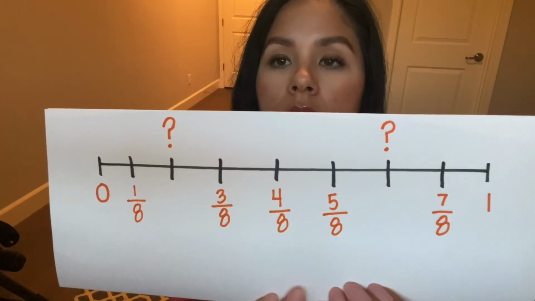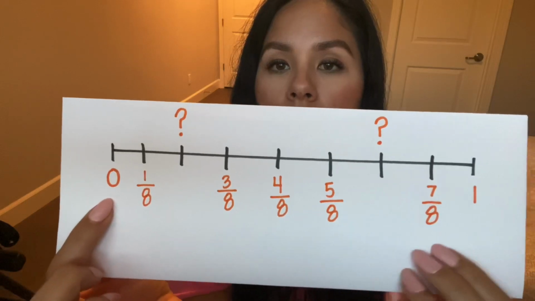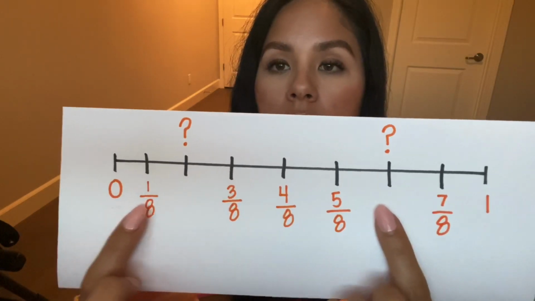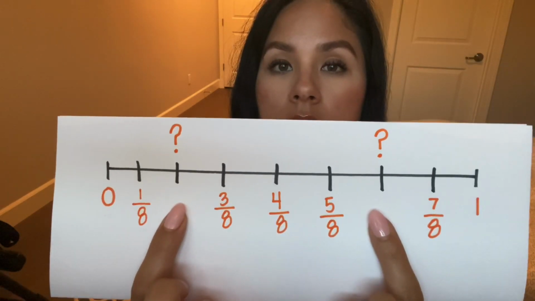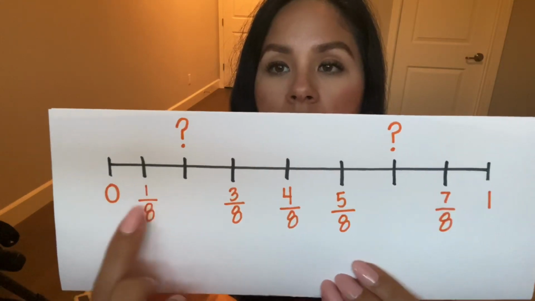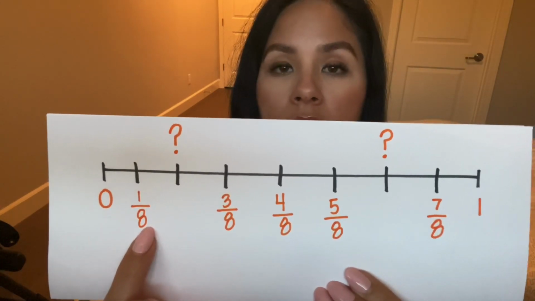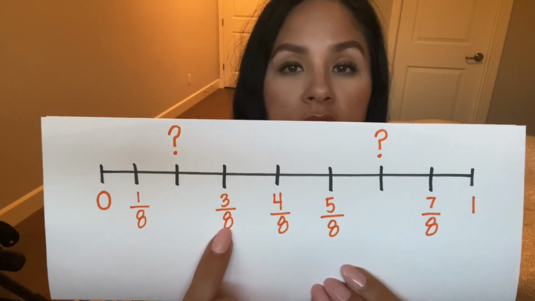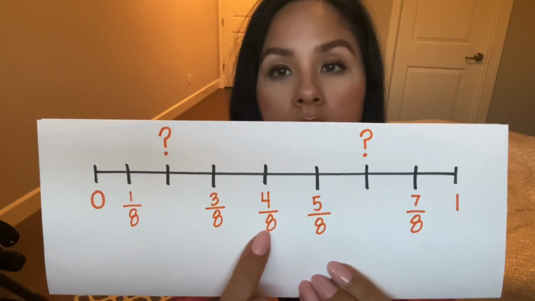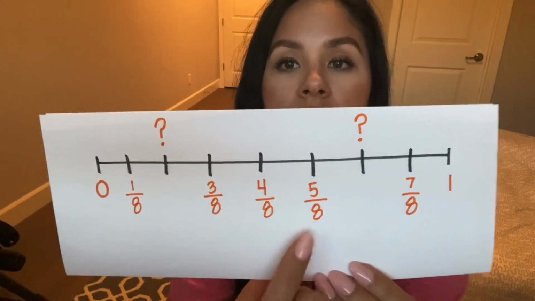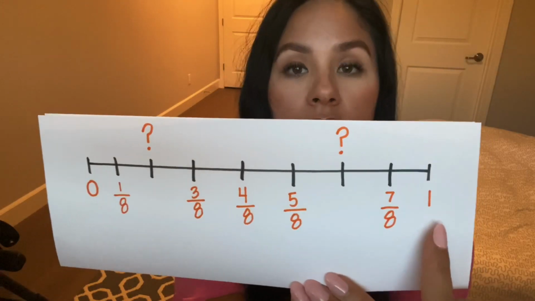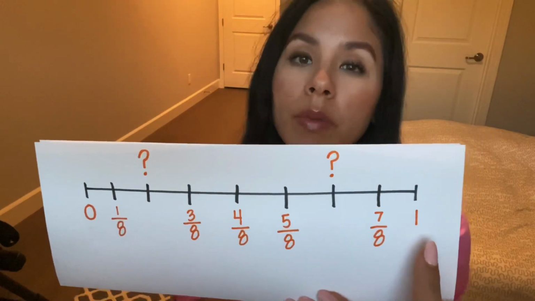So I want you to think, what could those missing parts be? Okay, we have 0 here, 1/8, it skips and goes to 3/8, 4/8, 5/8, skips and goes to 7/8, and then here's 1 whole, or it would be 8/8.